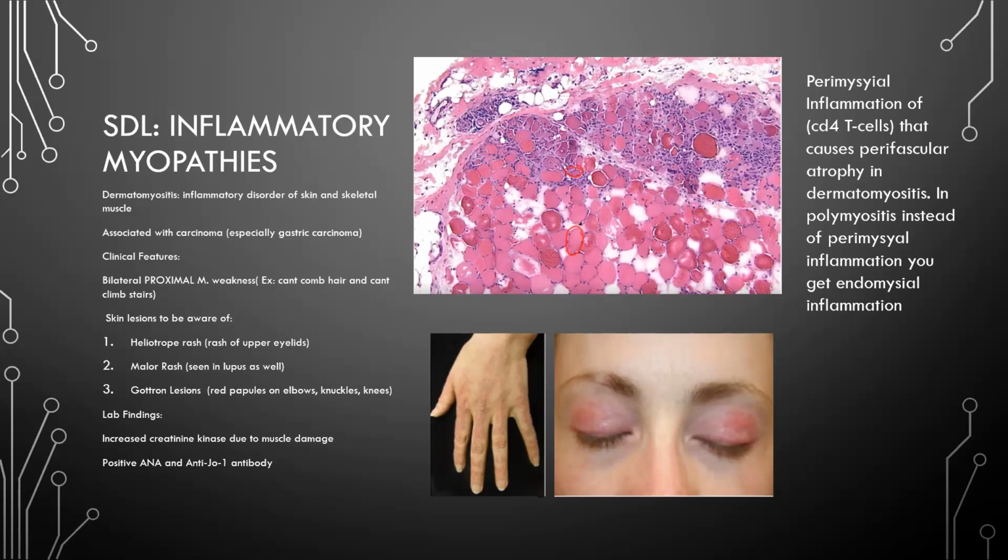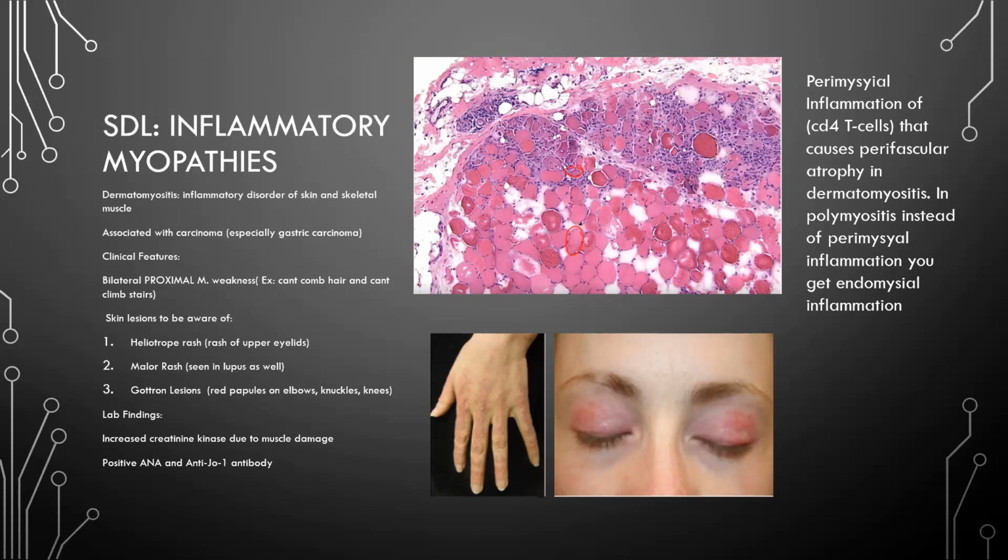So with these, the important thing is dermatomyositis. It's an inflammatory disorder of the skin and skeletal muscle. It's associated with carcinoma. I think that's actually one of the quiz questions, which one's associated with carcinoma.